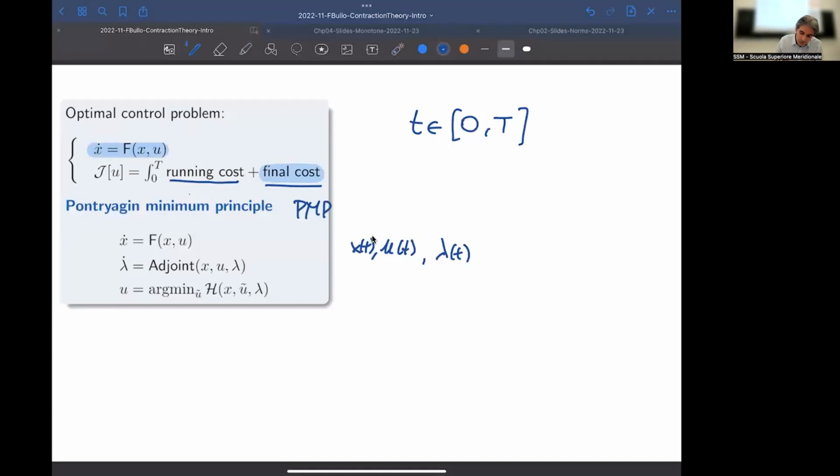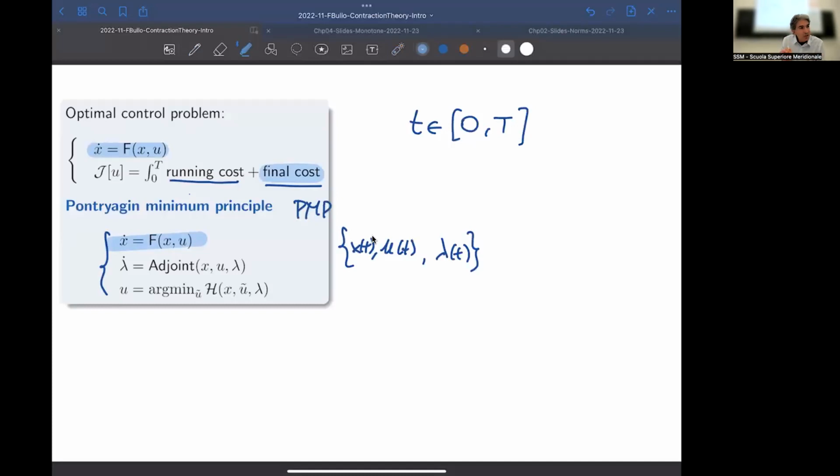And together, these triplets of functions of time, if u is the optimal controller, satisfy these three equations. And what are these equations? These equations are the forward, what they refer to as forward integration in x.